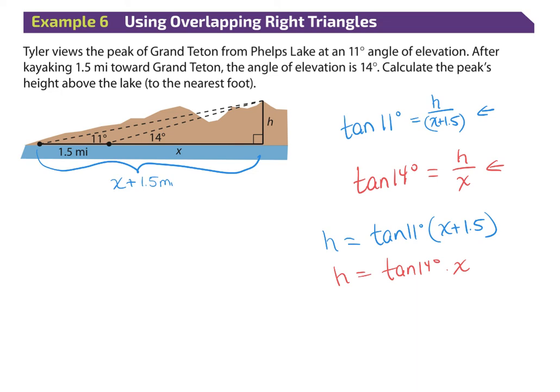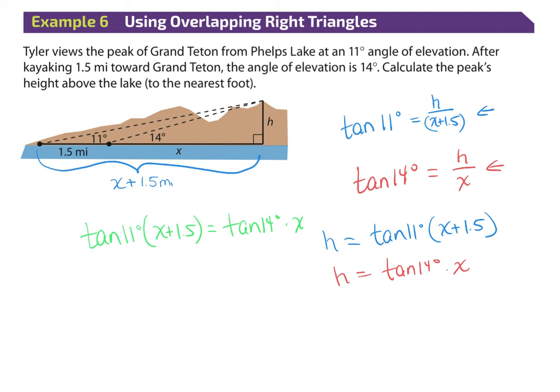So tangent of 11 and tangent of 14 are actual numbers. I know they look like we don't know what we're talking about, but we're down to one variable. Because if the height never changes, what can I do with these two? They both equal h. Substitution says I can set them equal to each other, right? And so that's what you're going to do. You're going to say, well, the tangent of 11 times (x plus 1.5) equals the tangent of 14 times x, right?